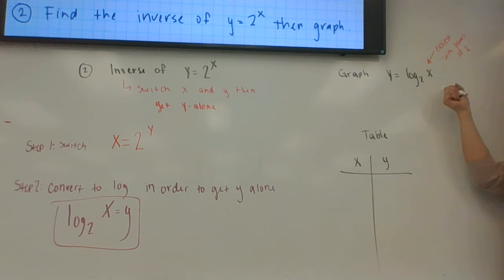Like, if there was a 4 here, I'd be thinking 2 to what power would give me 4, right? If there was an 8 here, I'd be thinking 2 to what power would give me 8. Okay? So that takes up a lot of big thought.